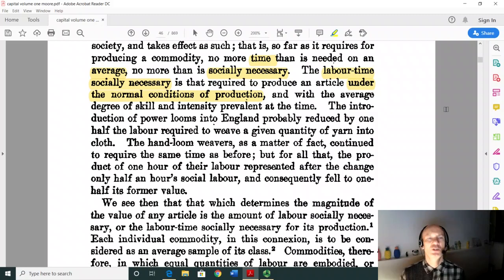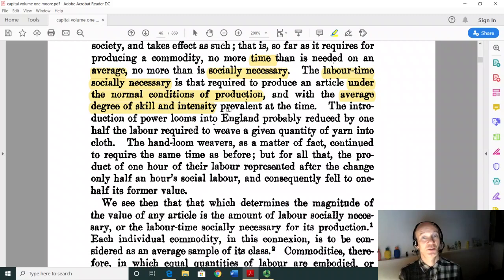And with the average degree of skill and intensity. So every carpenter obviously has slightly different skills and maybe works more intense or less intense than others. What matters for the determination of value in a society, again, is the average quantity of all these things.